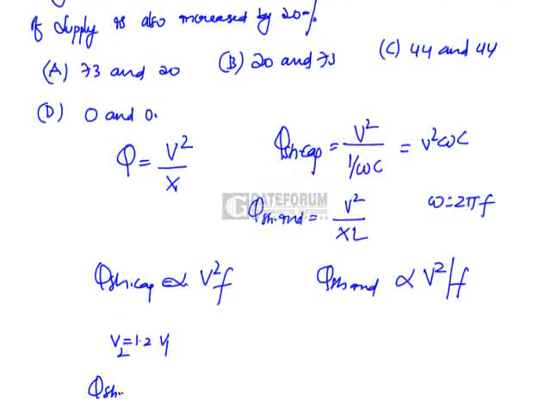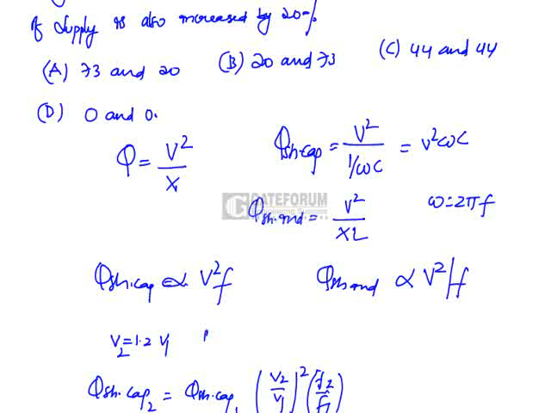Now what is Q shunt capacitance 2 here? It is equal to Q shunt capacitance 1 times V2 by V1 whole square into F2 by F1, where V2 is equal to 1.2 V1 and F2 is equal to 1.2 F1.